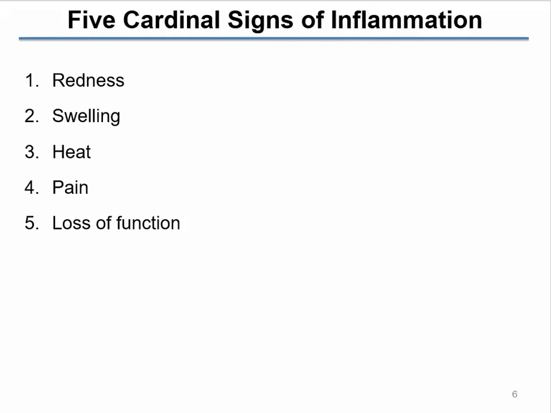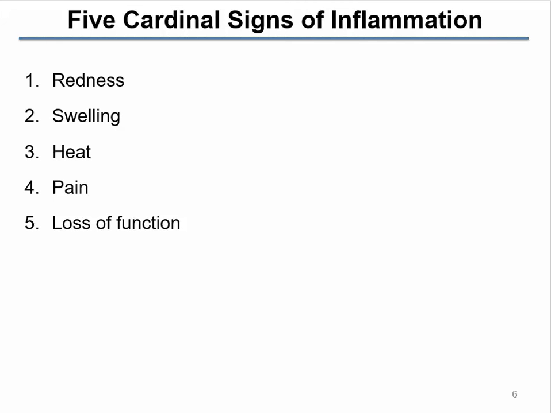Inflammation, especially acute inflammation, is about bringing more blood to the area. We'll talk about it in detail in a second, but basically, more blood, the tissue gets red. More blood, more fluid, the tissue swells. Blood is warmer than other tissues, so more blood in the area, more heat.